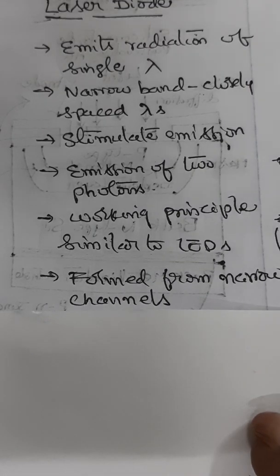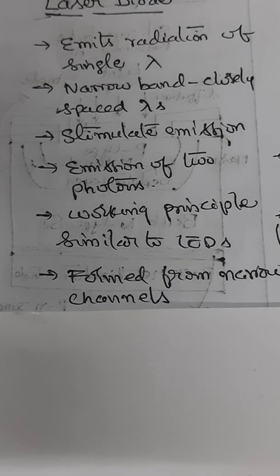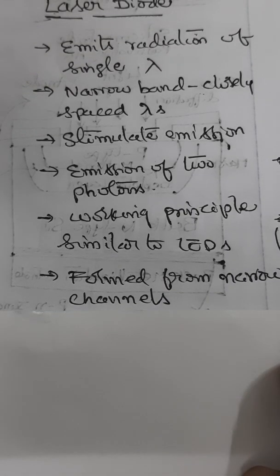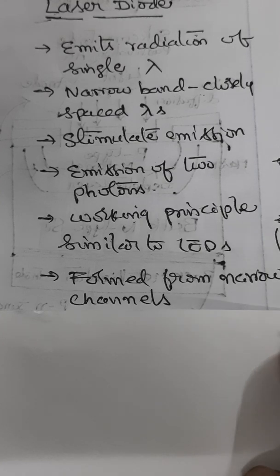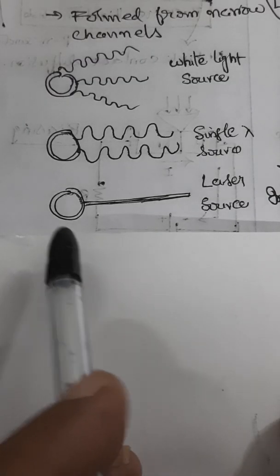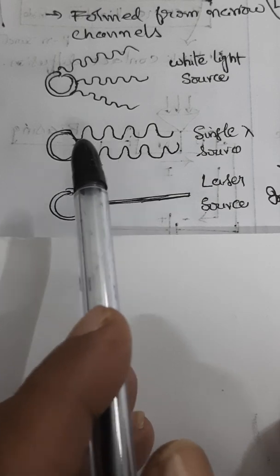Before proceeding to the construction of the laser diode, let us focus on the source of light that is coming. You can have a white light source, you can have a monochromatic light source. How are they different from laser light? Let us look at the propagation of light in different sources.